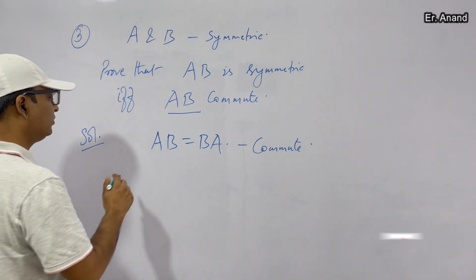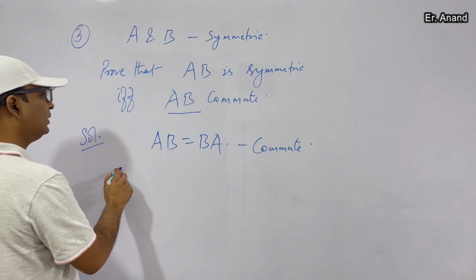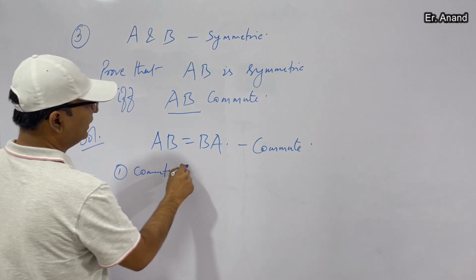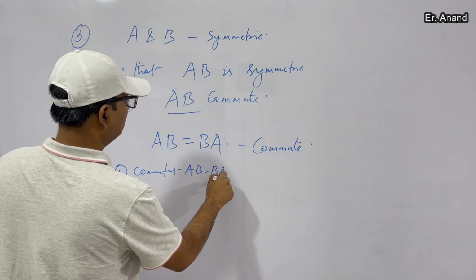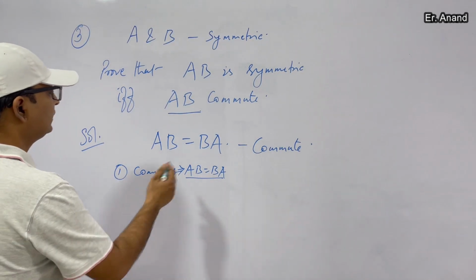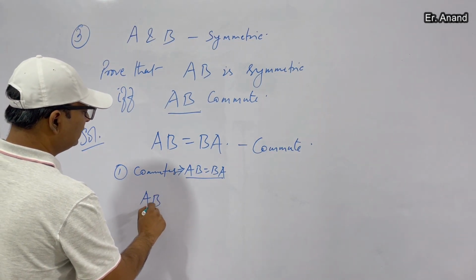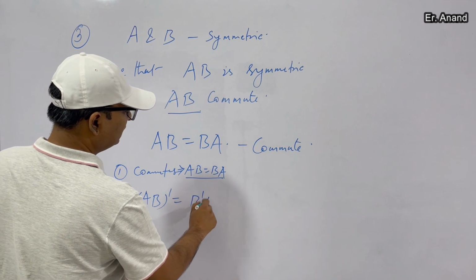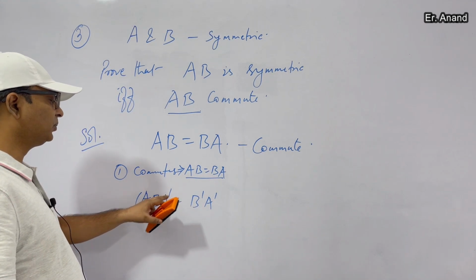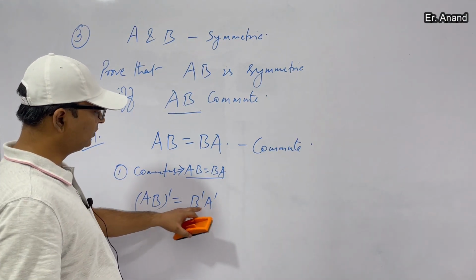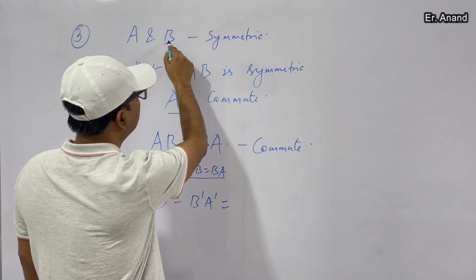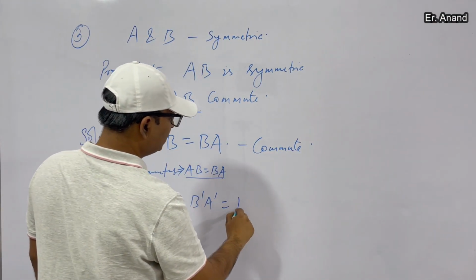It says if these are symmetric, prove that AB is symmetric if and only if they commute. First, let's say they commute, that is AB is equal to BA. Then let's see whether AB is symmetric. (AB) dash is B dash A dash, because when you take the transpose of a product of two matrices, the order is reversed. Now A dash is A, B dash is B, since these are symmetric, so this is BA.